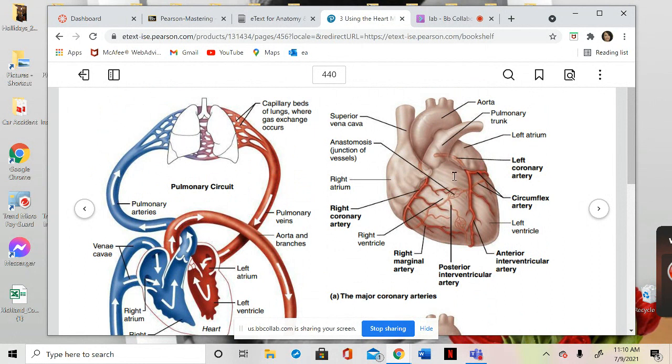The left coronary artery, however, branches from the ascending aorta too, but it passes posterior to the pulmonary trunk. If you see it, it's a shadow because it's posterior, it's under the pulmonary trunk.